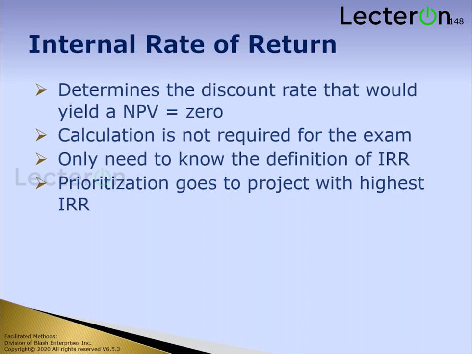You need to know the definition, though, of IRR, or internal rate of return, and that is the discount rate that would give you a net present value equal to zero. Okay. Now, on the exam, if I don't have to calculate it, I might need the definition, but most often they'll tell you that you have 3 or 4 projects and they'll give you what the internal rate of return is for each one and say, which one should I pick?